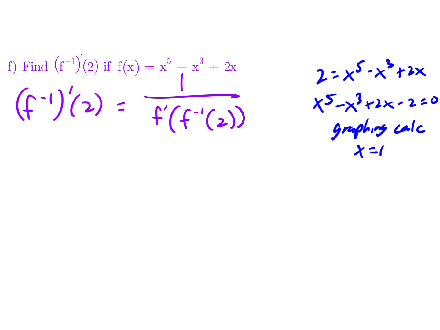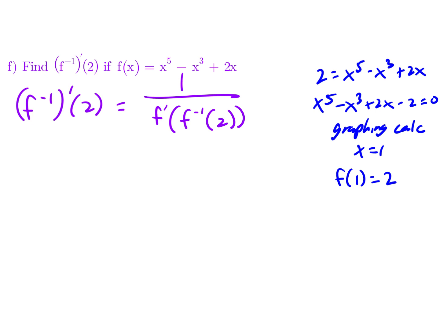So let's understand what this is. For the function, x is 1, y is 2. For the inverse, they flip. So the inverse x goes with the function x. So here's what we're talking about. And here's where we've written it out.